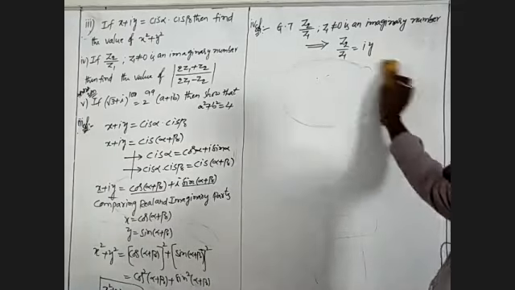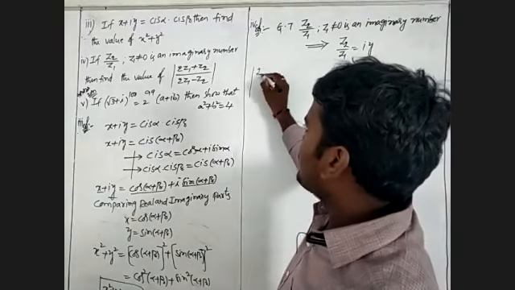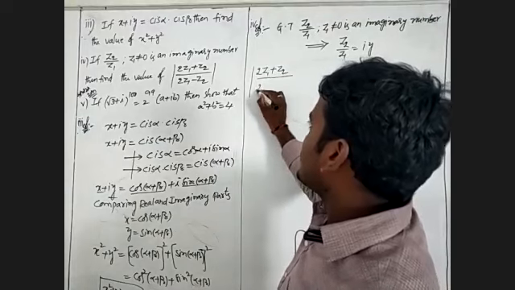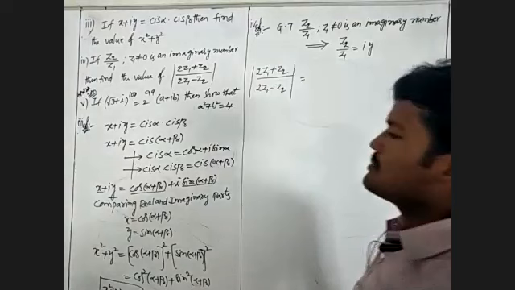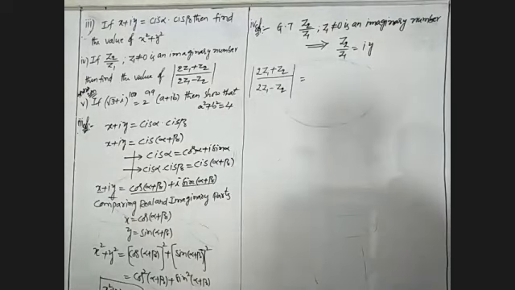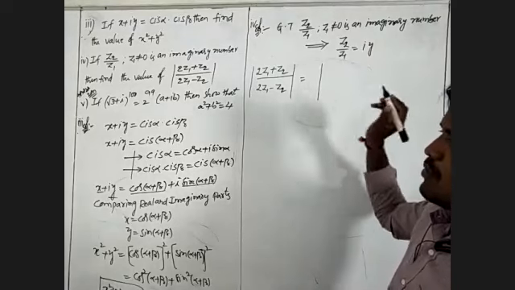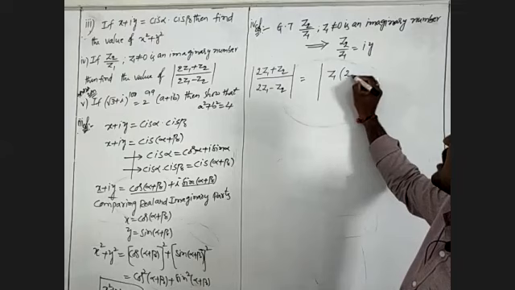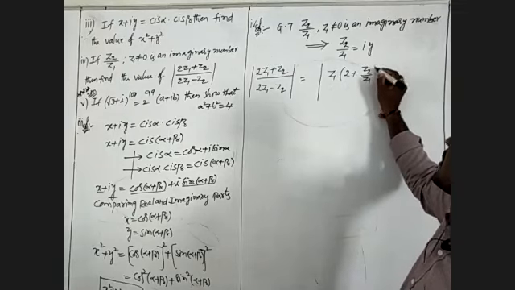But what is the given condition here? The given condition is mod of 2z1 plus z2 by 2z1 minus z2. I will take z1 common in the numerator and denominator. We get z1 common, with the remaining 2 plus z2 by z1.